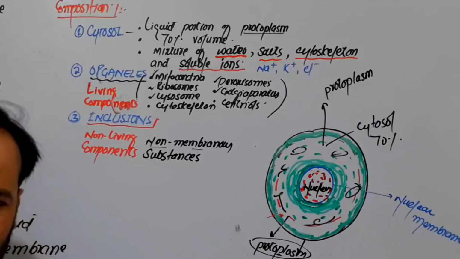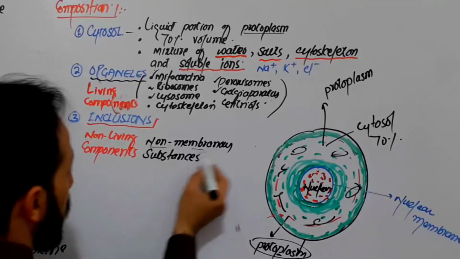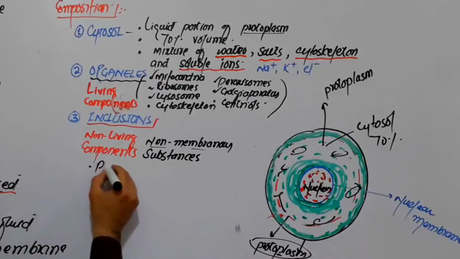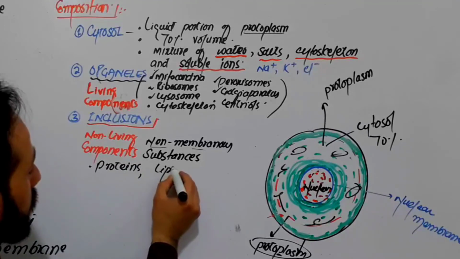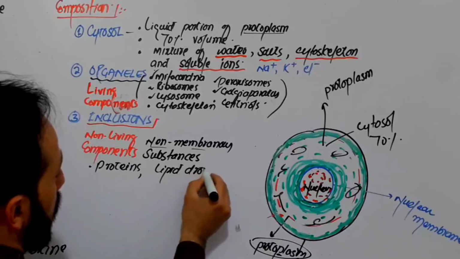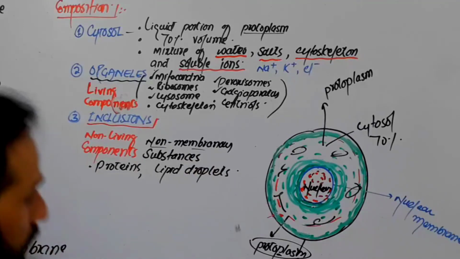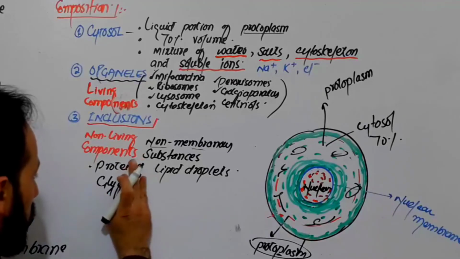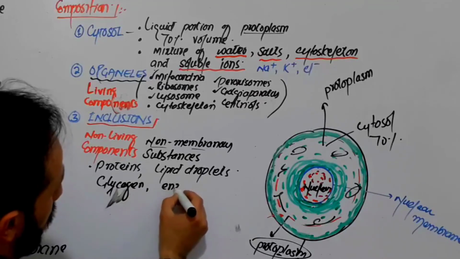These may be proteins, these may be lipid droplets, these may be some glycogen substances. So the non-membranous substances which are present in the cytoplasm may be some proteins, some lipid droplets, it also contains some glycogen, and some enzymes also.